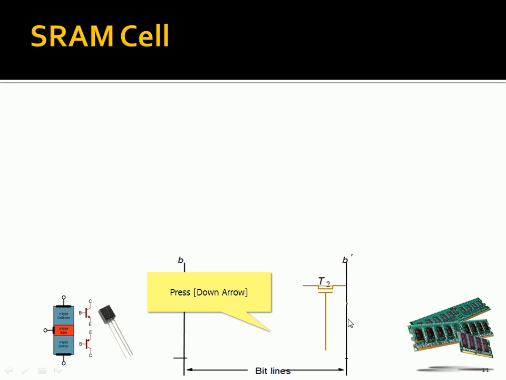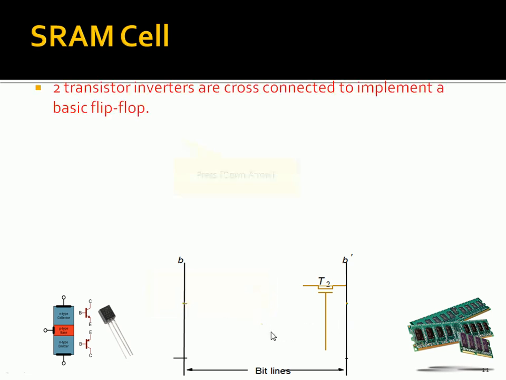Those transistors we can observe. Two transistor inverters are cross connected to implement a basic flip-flop. So the bit lines will be there, and there are two transistors, T1 and T2.